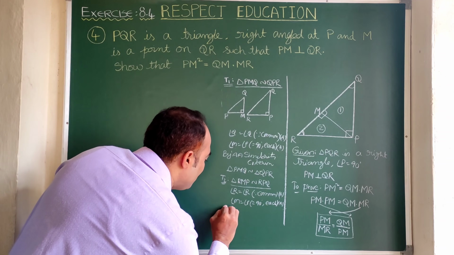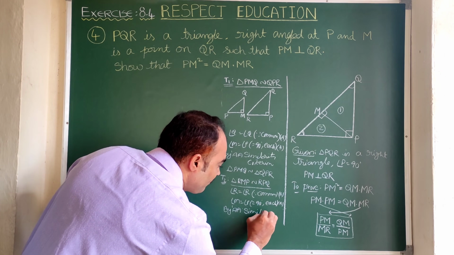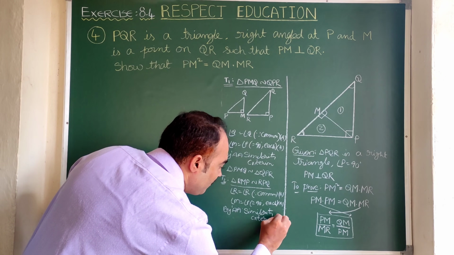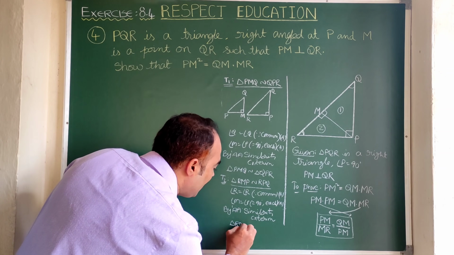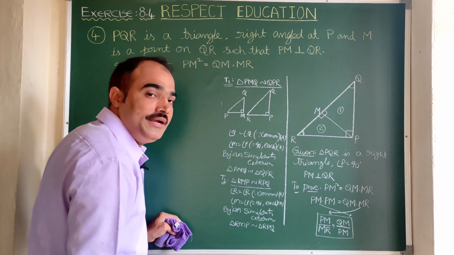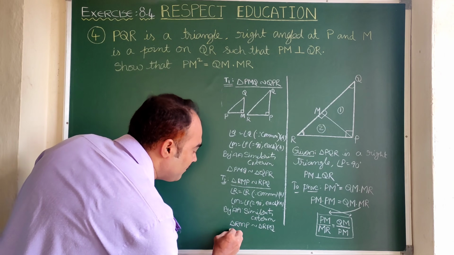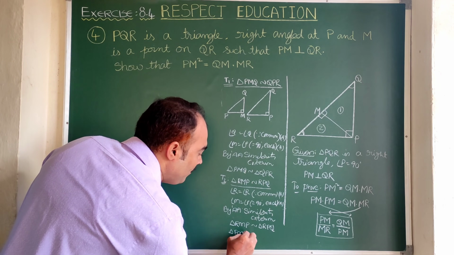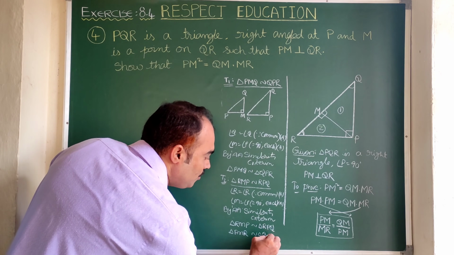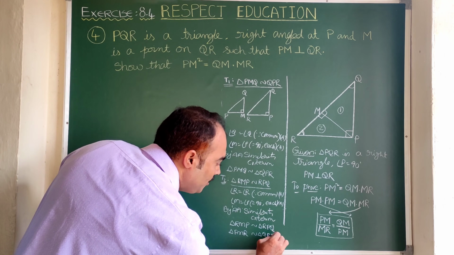So we can write, by the AA similarity criterion, we can say triangle RMP is similar to triangle RPQ. It can also be said as triangle PMR similar to triangle, let us change the places as Q and R, QRP, both are the same, QPR.